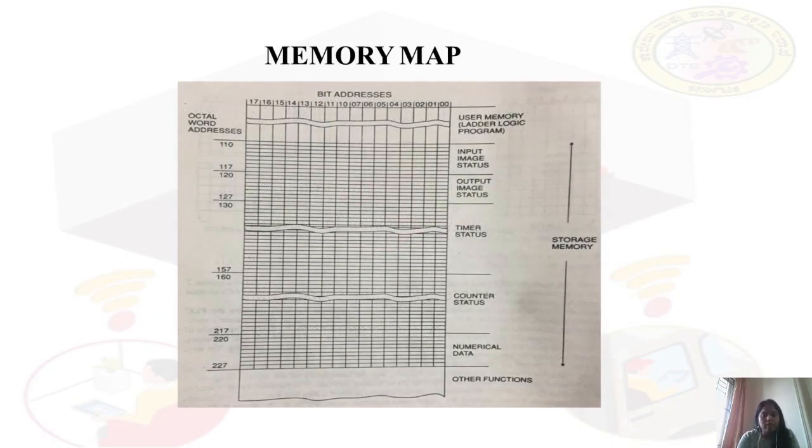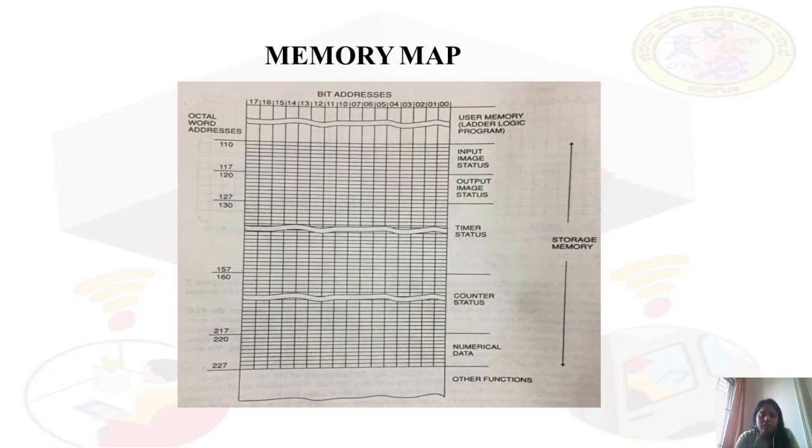And this is the memory map of your PLC. If you see the diagram here, these are all the bit addresses. These bit addresses are in octal numbers. Here you can see 0, 1, 2, 3, 4, 5, 6, 7. After 7, it is 10. So they are written in terms of the octal number system.